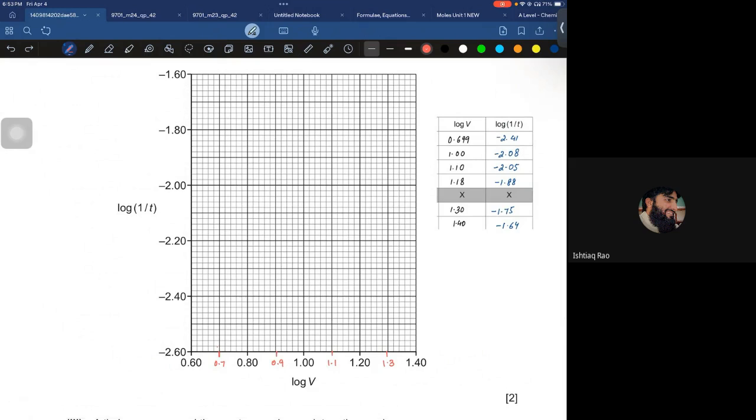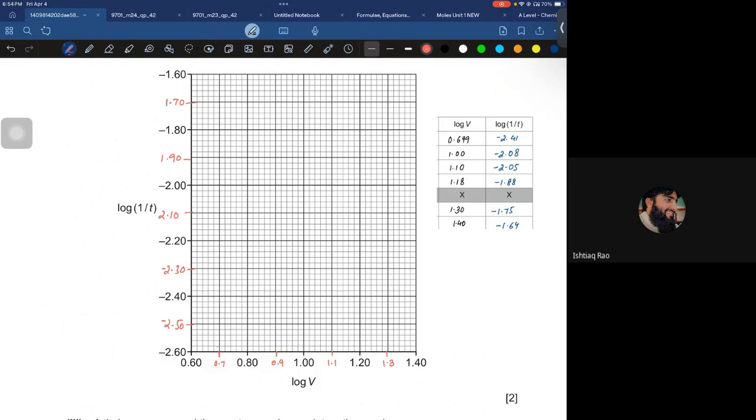Of course, this would be 2.30, it would be 2.10, it would be 1.90, it would be 1.70.